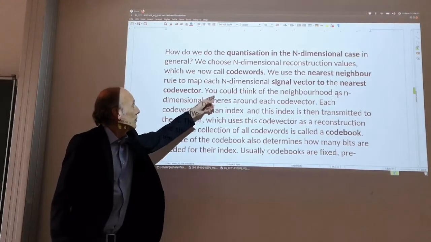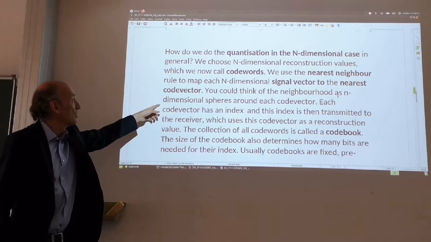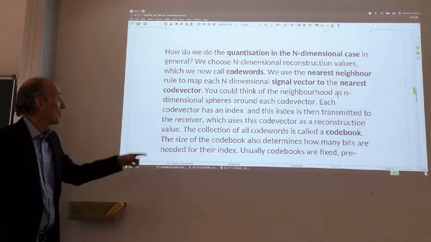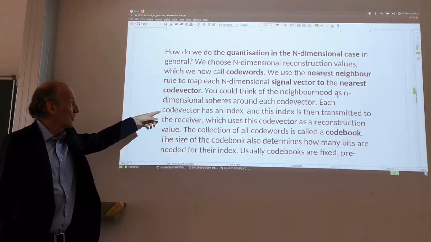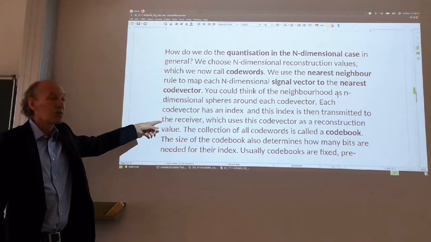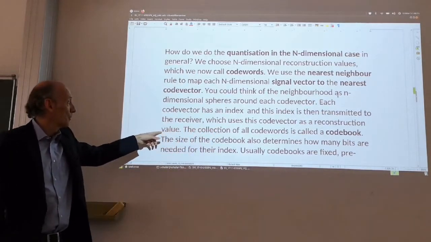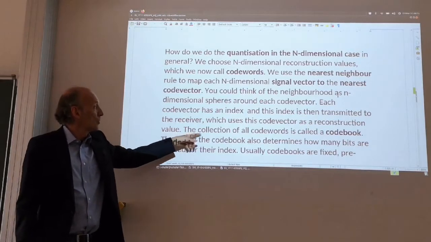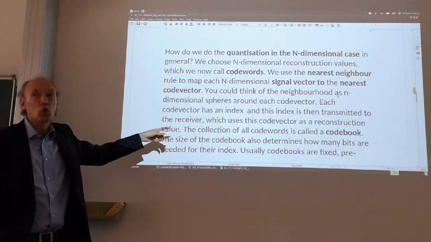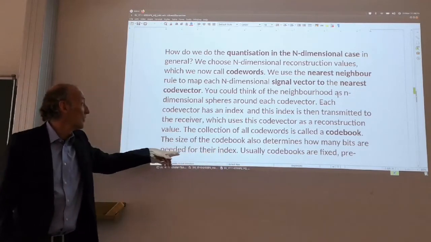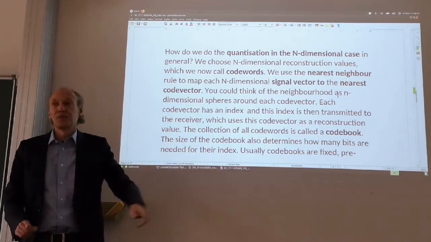So you could think of the neighborhood as an n-dimensional sphere around each code vector. Each code vector has an index, and this index is then transmitted to the receiver, which uses this code vector as a reconstruction level. The collection of all code words is called a code book. The size of the code book also determines how many bits are needed for the index.